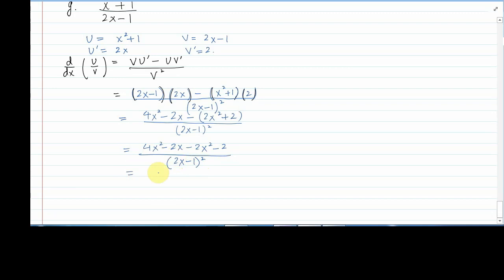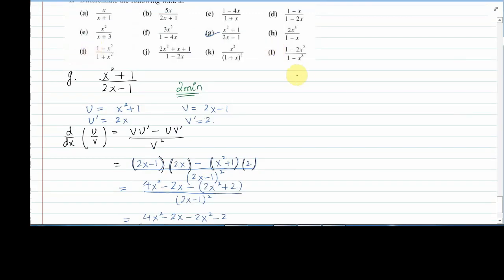So 4x square minus 2x square leads to 2x square minus 2x minus 2 divided by (2x minus 1) whole square. In the numerator I can take 2 common here, so that will be x square minus x minus 2 divided by (2x minus 1) whole square. And that will be, I think, 1 here because 2 is common. So that is your answer to this question.